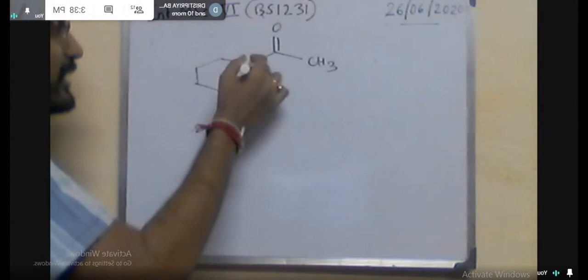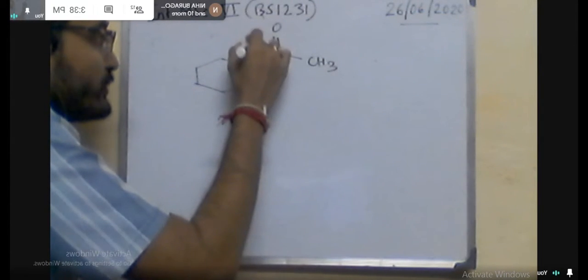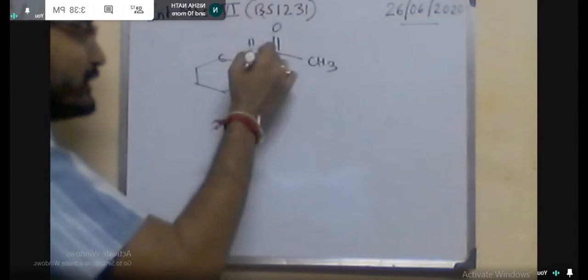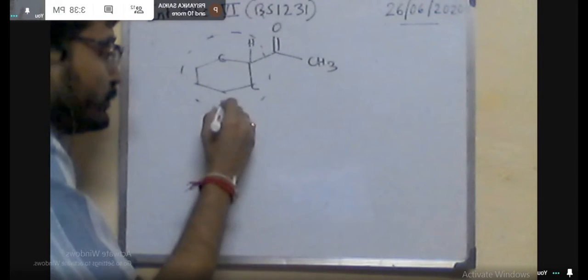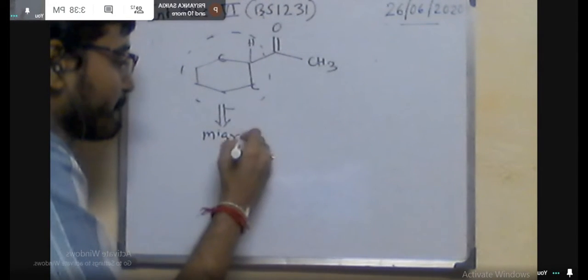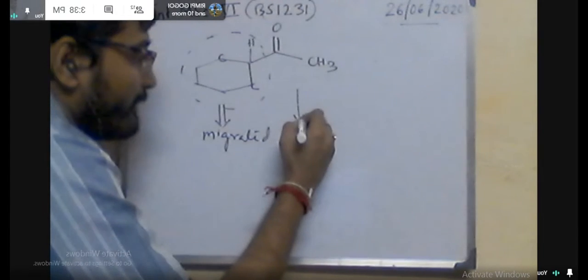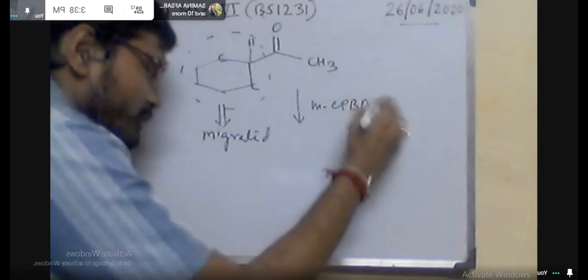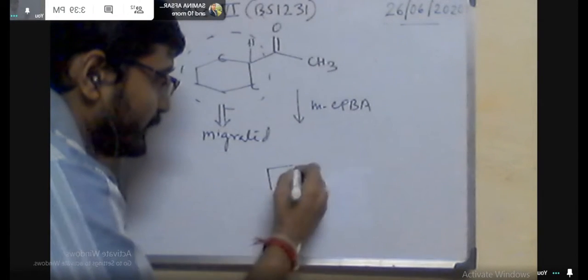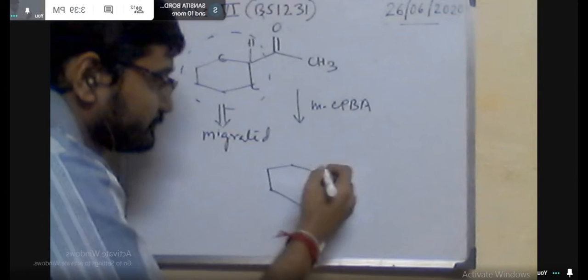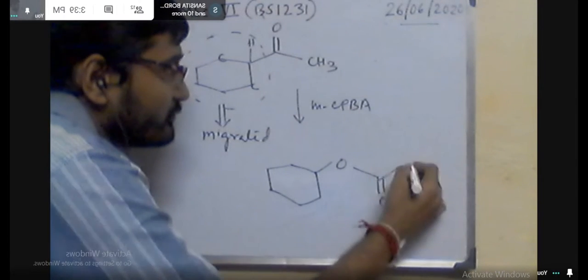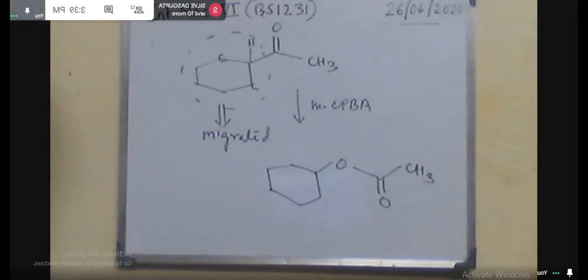Now I have shown this Baeyer-Villiger oxidation in the open system, that means in the simple chain system. Now for the ring system, what will be the scenario? The scenario will be the same in the ring system, that means in the cyclic ketone. So just for example, like cyclohexanone. Okay. In this case, when there is a ring system, we will consider in the Baeyer-Villiger oxidation either this bond or this bond.